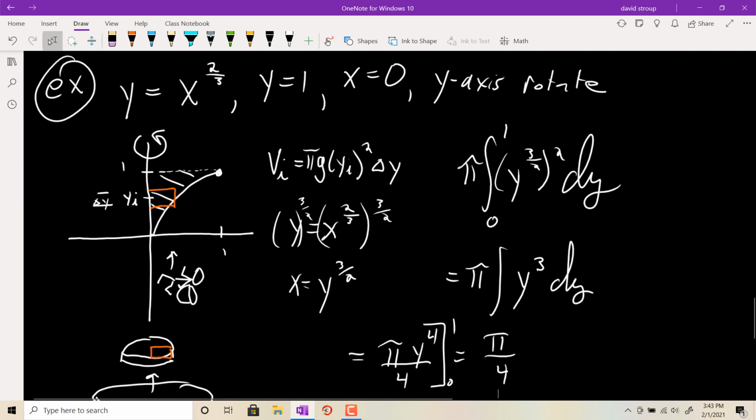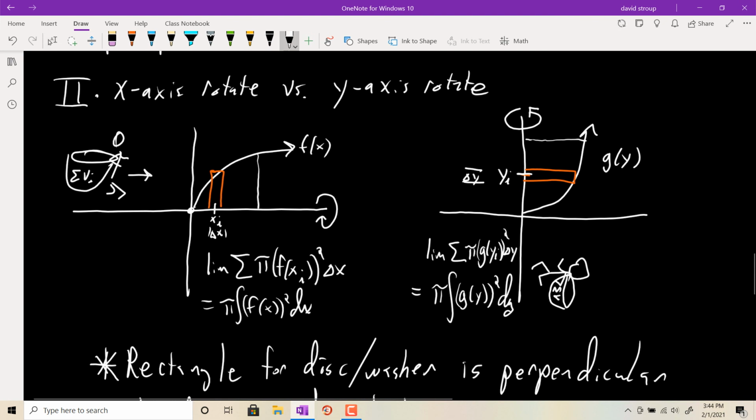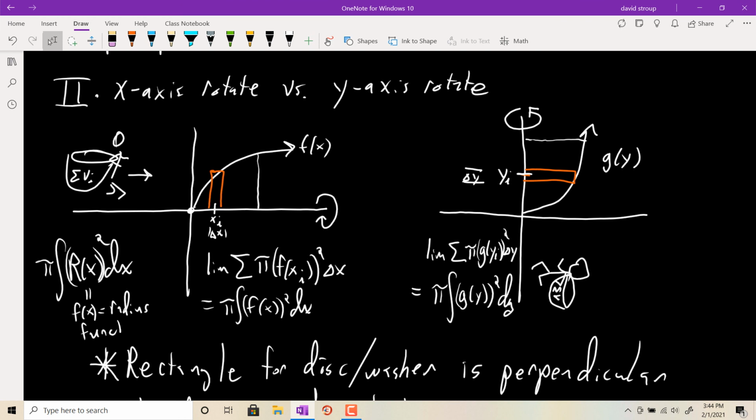All right, so I think that's kind of the idea. You think of this f of x function as kind of a radius function. So when you go to your formula, you think of it in terms of big R of x dx, where the f of x is the r of x. So this f of x is thought of as a radius function, the radius of the disks.